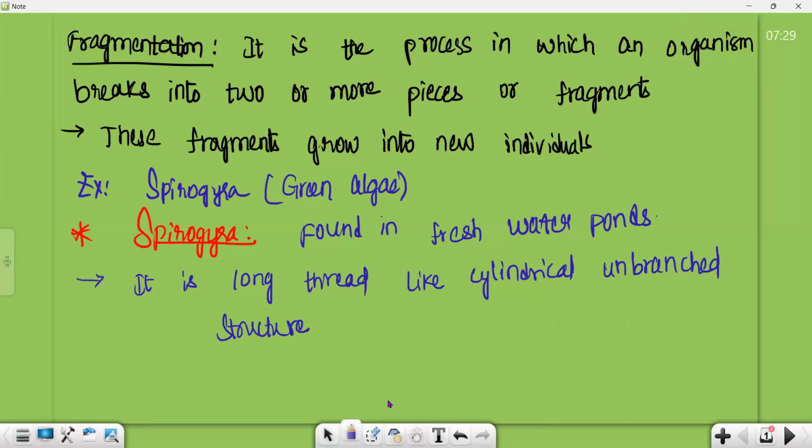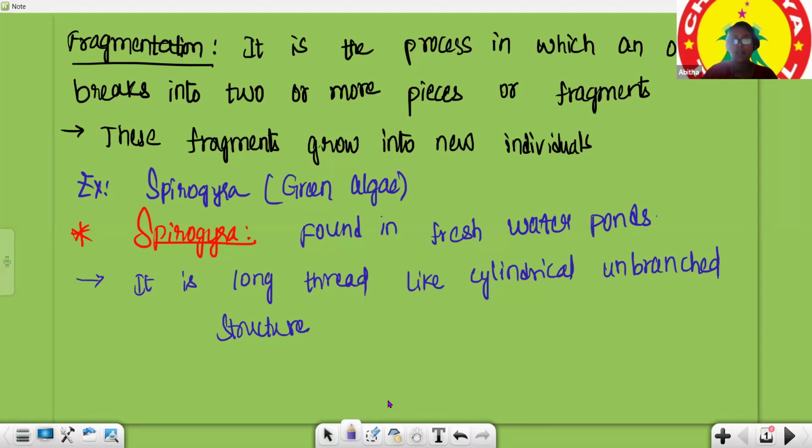My question is, does Spirogyra have chloroplast in it? What do you think? Yes, ma'am. It has a basal part which helps in attachment, so it attaches to the substratum.